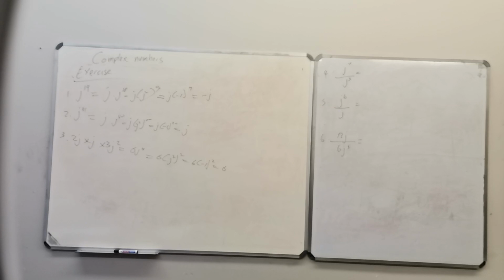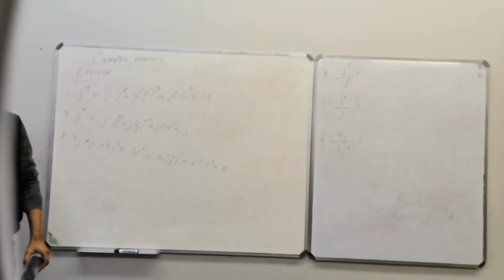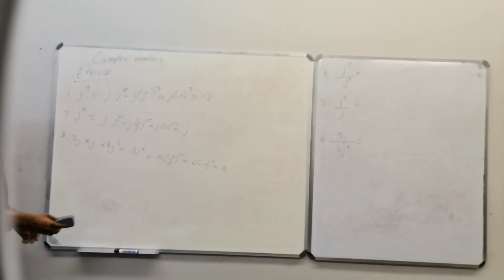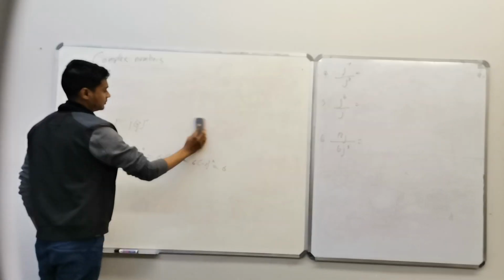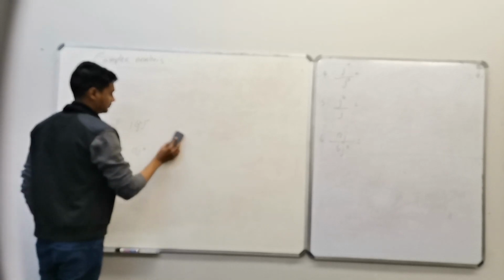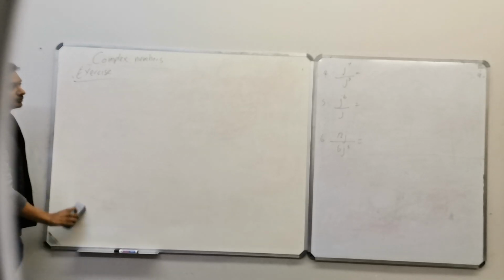What is substituted for j squared here? The whole j is there. This is making a mistake. j squared is minus 1, j to the 10.